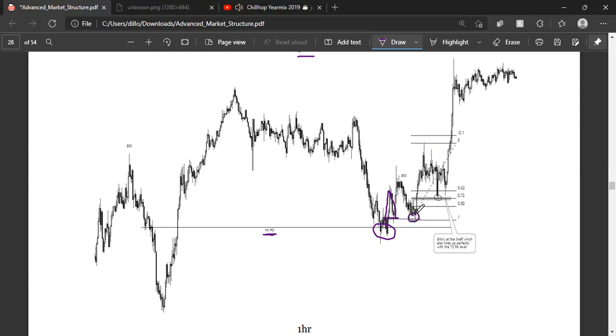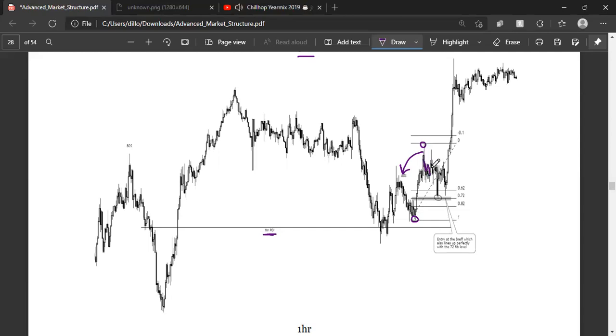Now price respects that area again and gives us another push to the upside. Now, just like the last example, once I see a break of structure, I can put my fib from the low to the high that gave us a new high, right? That broke structure.